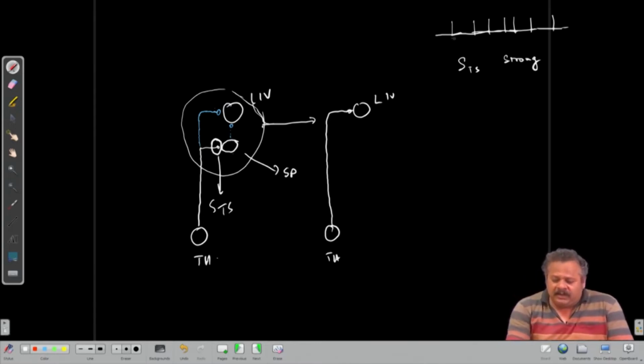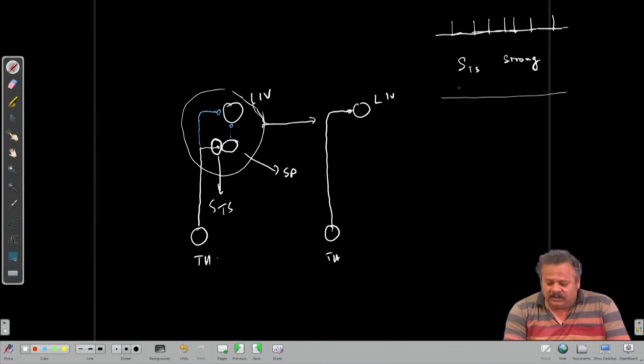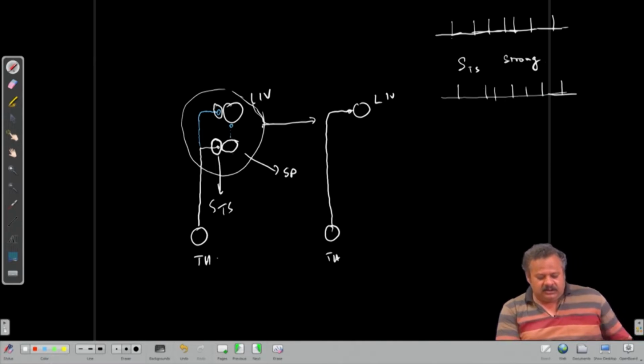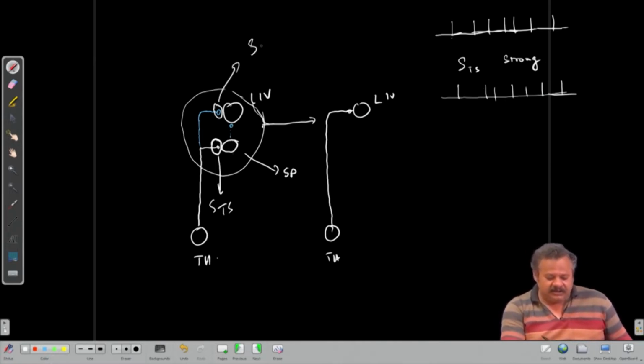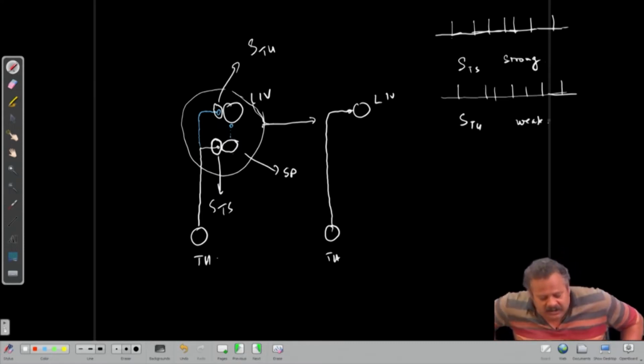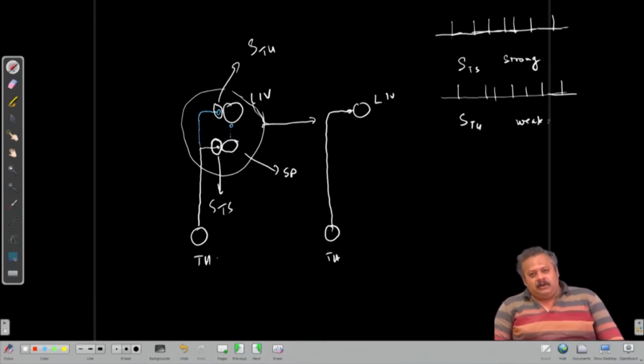Whenever there is a spike in the thalamus, because of synapse TS, almost all the time the subplate neuron is also producing action potentials. Now, the blue synapse, let us call it synapse T4, is weak. So, it is not able to drive the layer 4 neuron initially.